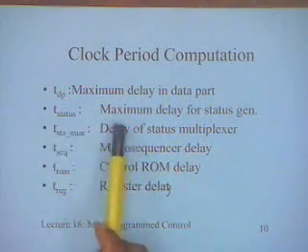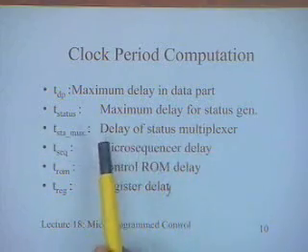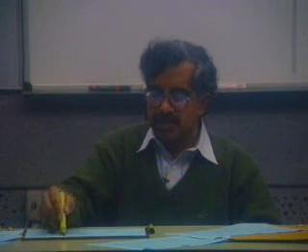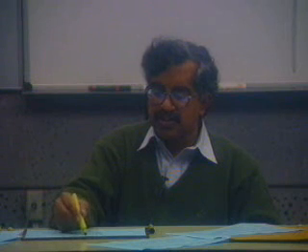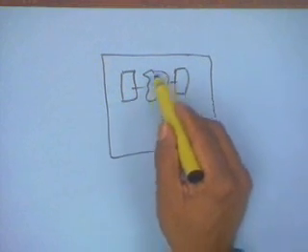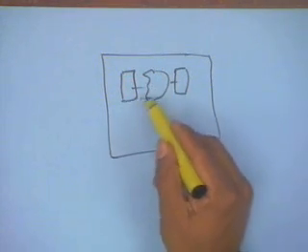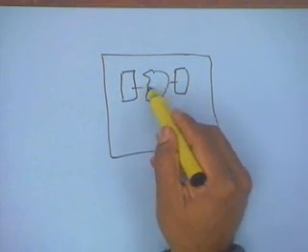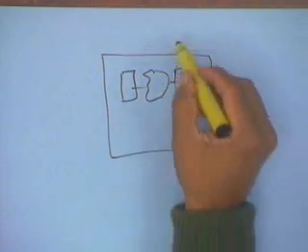The status register, maximum delay for status generation. So if you consider this data part, let us say this is my data part. If this is a register, and this is some combination logic, then of course there may be many such registers and many such combination logic, but whatever is the maximum of such delays defines the TDP.